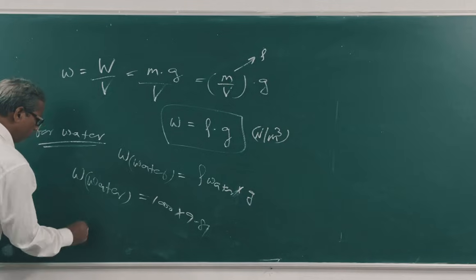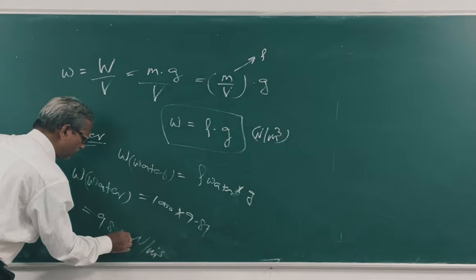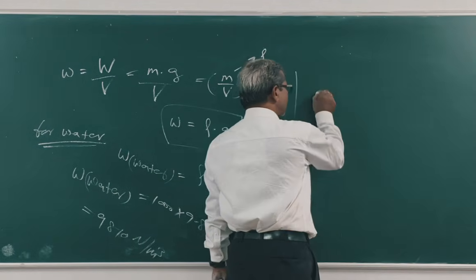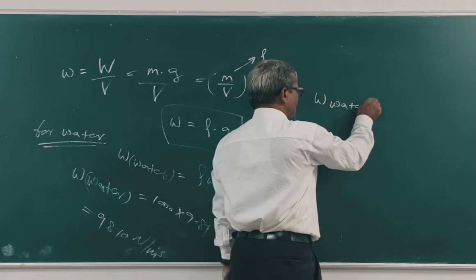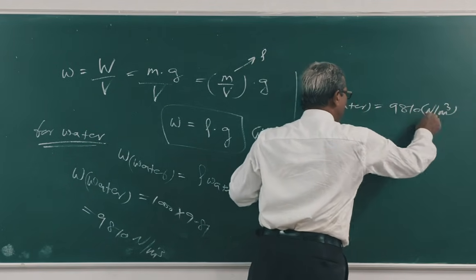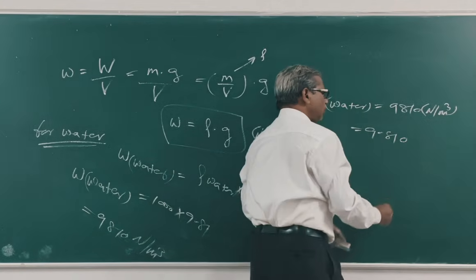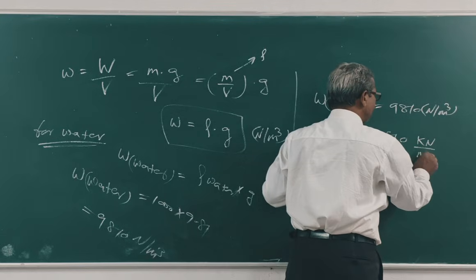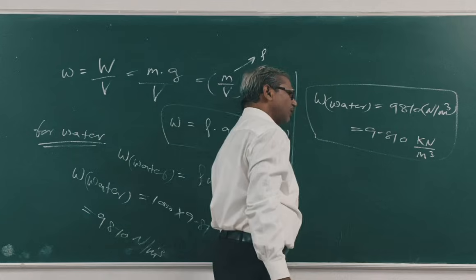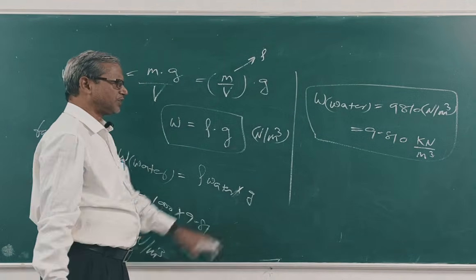This is equal to 9810 Newton per meter cube. So w water is 9810, so 9.81 kilonewton per meter cube. This is the specific weight of fluid or water.